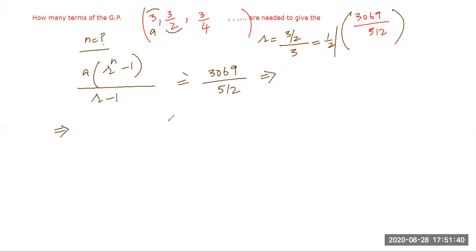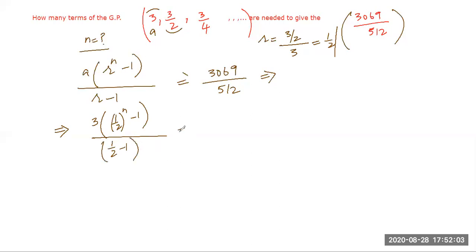So, guys, this will be. It's all calculation now, basically. I think we should do the calculation. But anyway, if you want, I can do this. R is 1 by 2, so A is 3, into R is 1 by 2 whole raised to power n minus 1, divided by, again, R is 1 by 2 minus 1. Right.